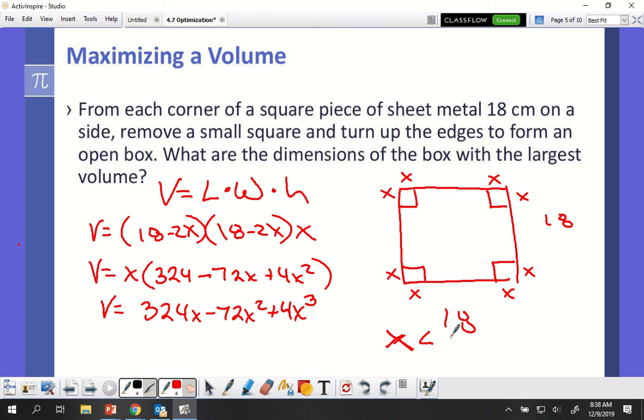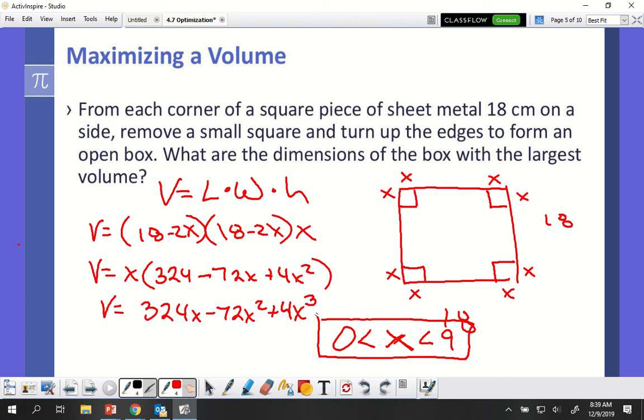It has to be less than 9, but it has to be more than 0, because if my x was 0, I would have no volume. This is super important because I think it's even one of the questions you're going to see on the AP exam about the relevant domain. So if 9 is out of the question, that means my maximum has to be 3. The maximum has to be 3.